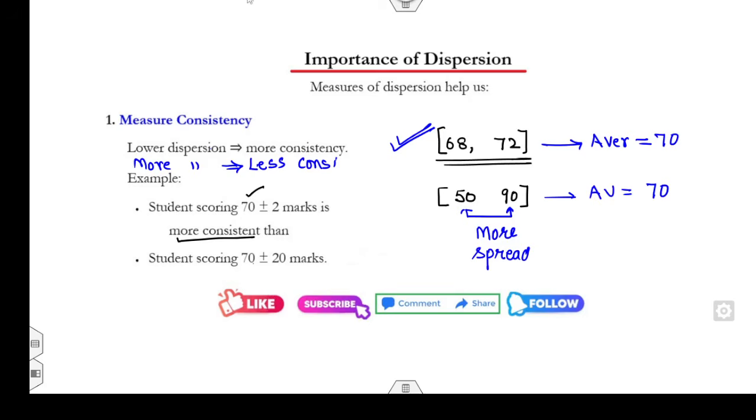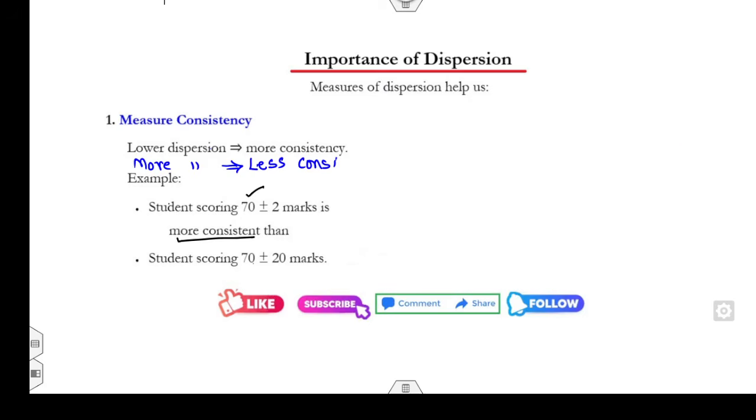Like one more example, consider three students A, B and C, and the marks obtained in their first test, second test and third test are represented as below. 50, fine.